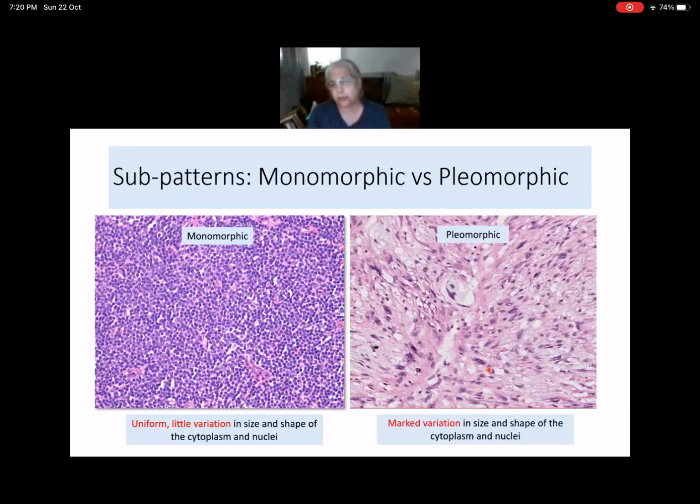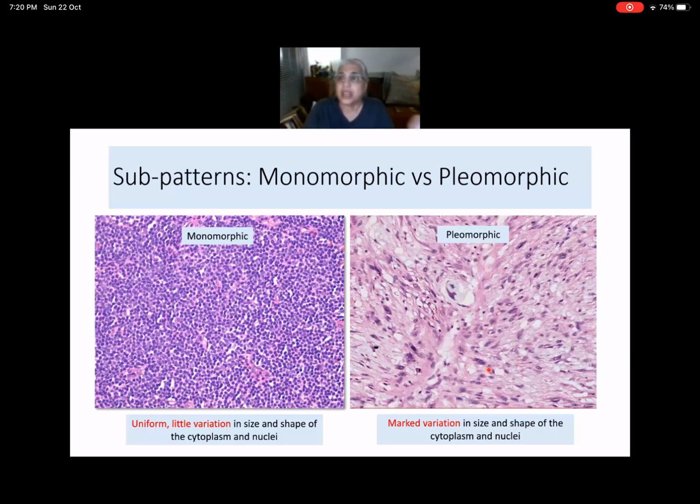Now, most students use this word pleomorphic in a very, very loose kind of way. Just see what is pleomorphic. It is marked variation. You should use that term pleomorphic only if there is marked variation in size and shape of the cytoplasm and the nuclei.